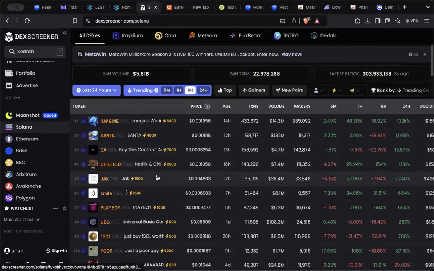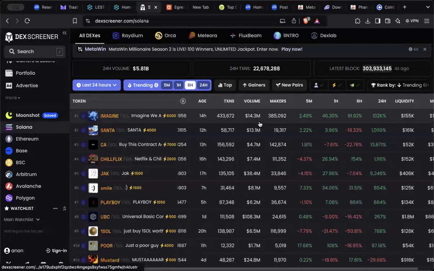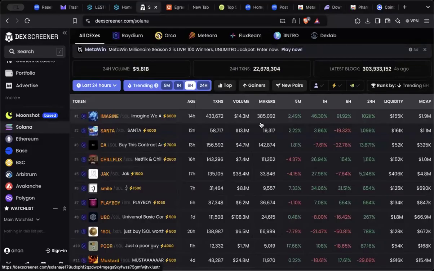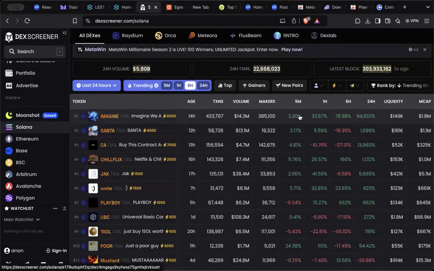If I scroll across, the main thing when you're looking at any meme coin is to look at, number one, the liquidity: how much money has been coming through the system during the last 24 hours, or whatever, 6 hours, and you can see it's 149k.